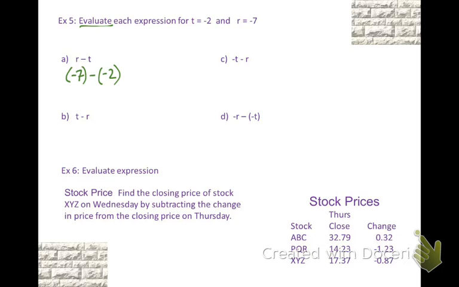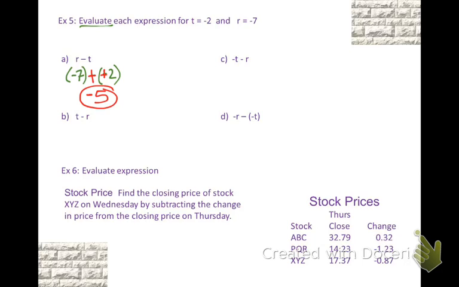And then I'm going to make it an addition sign. And the opposite of negative 2 is positive 2. So now we have negative 7 plus positive 2, so they're opposite signs, so we're going to subtract them. And so it's 7 minus 2, which is 5. And then 7 is bigger, and it's a negative. So there's your answer.